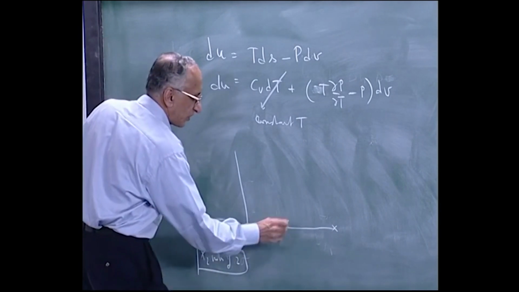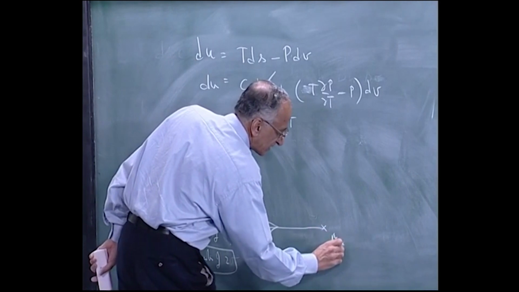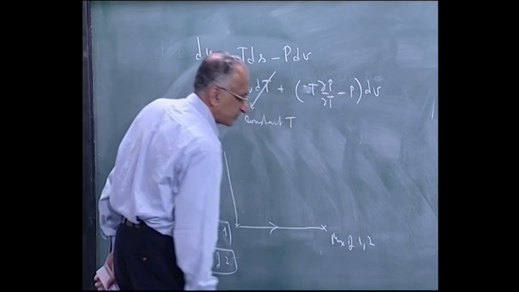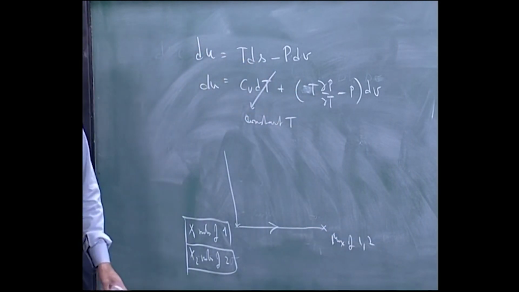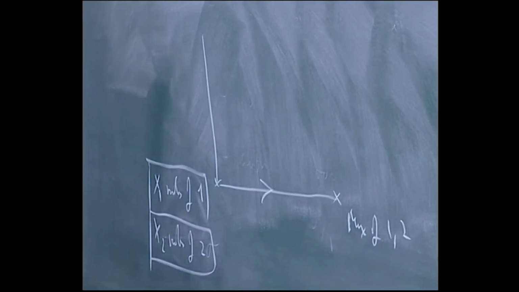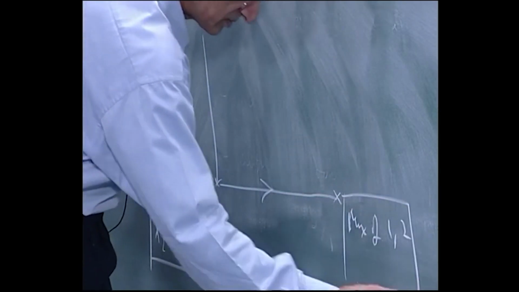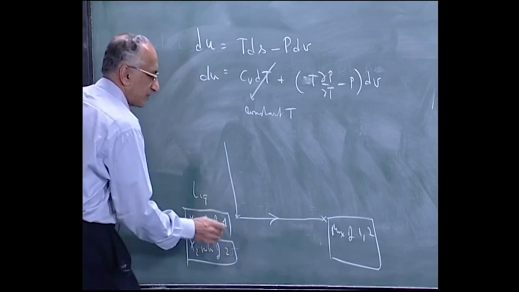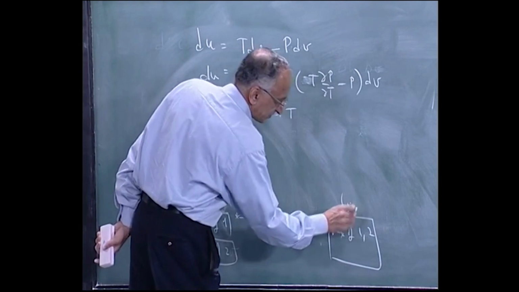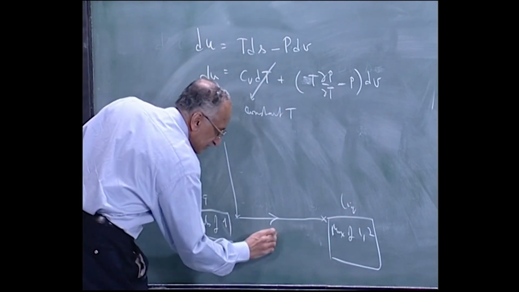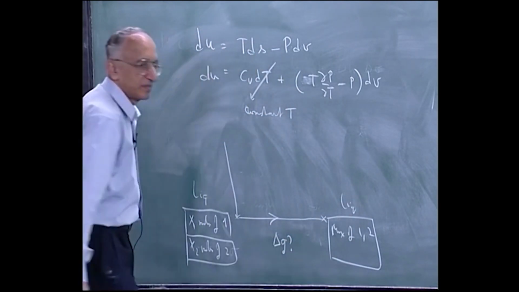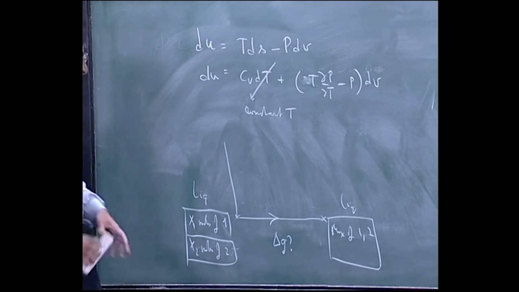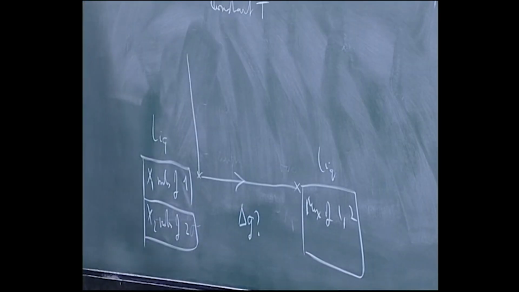From here you have to go to a mixture of 1 and 2 of composition x1. This is liquid, this is also liquid, and you want to know what is delta G. The progress we have made is delta G is the same as delta U, but I do not know delta U yet. So I have not made much progress.